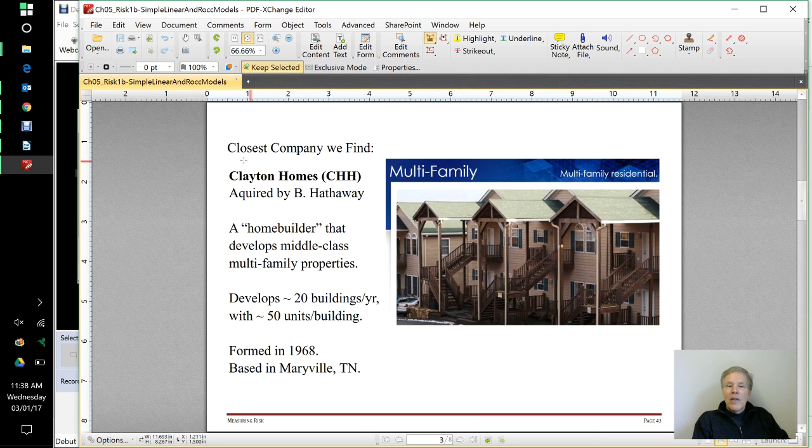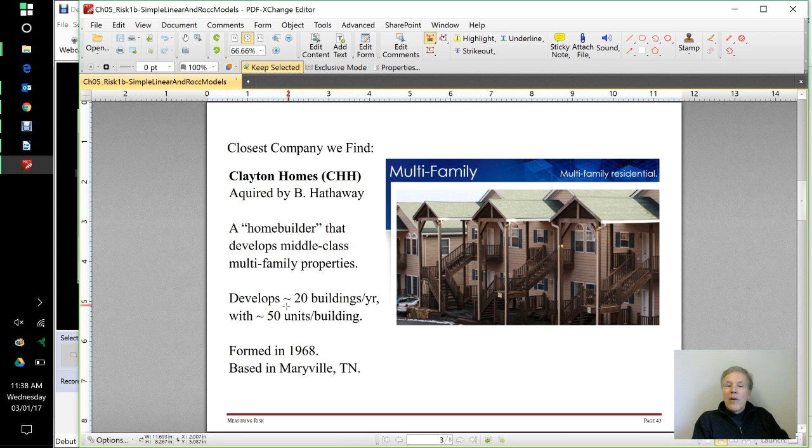So I looked around, and the best thing that I could find was Clayton Homes, which used to be a publicly traded company. It's since been acquired by Berkshire Hathaway, but data on Clayton Homes is still available publicly. Their mission is largely to develop middle class multifamily properties.